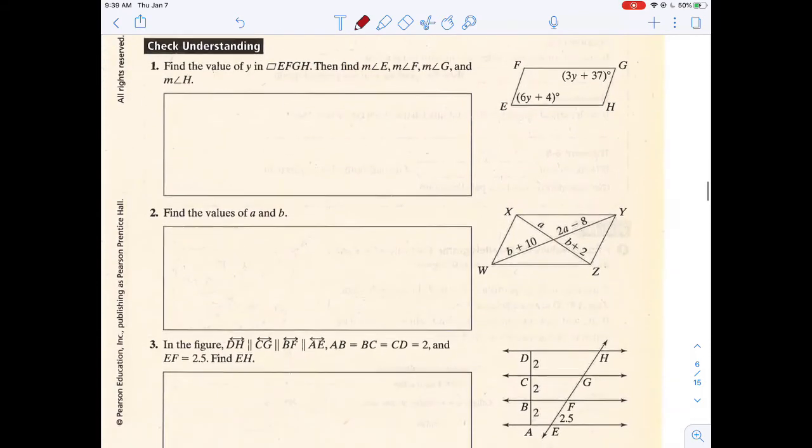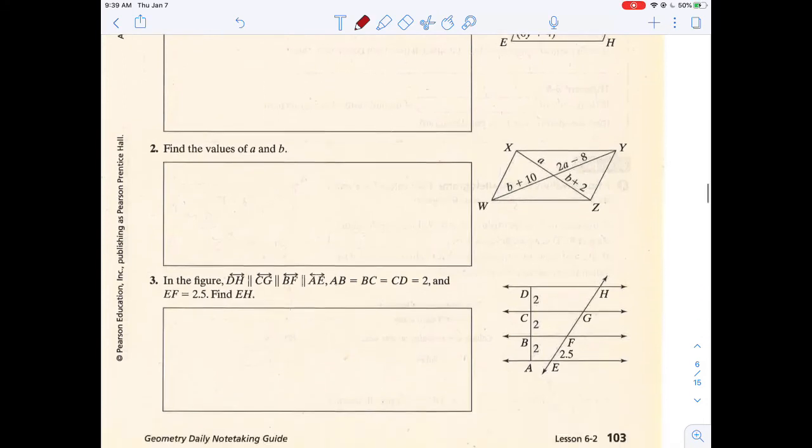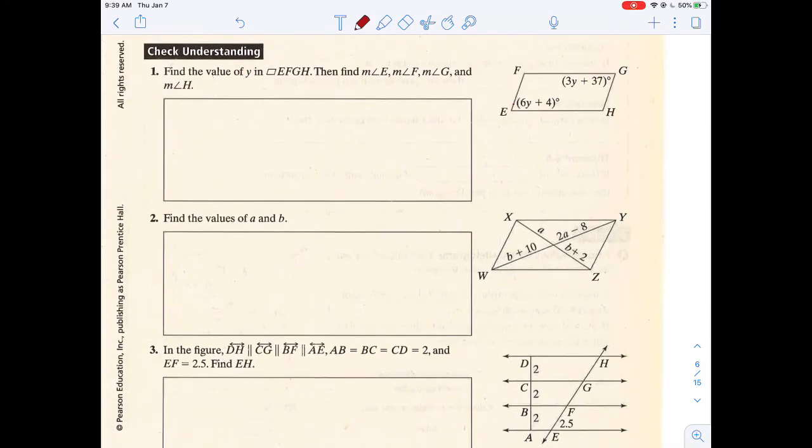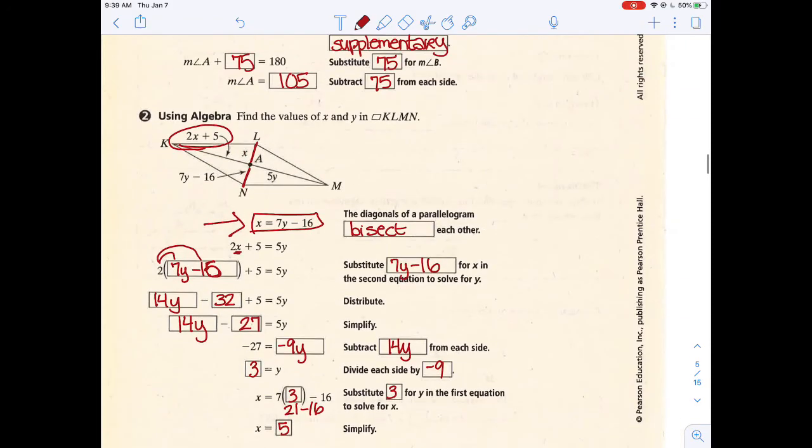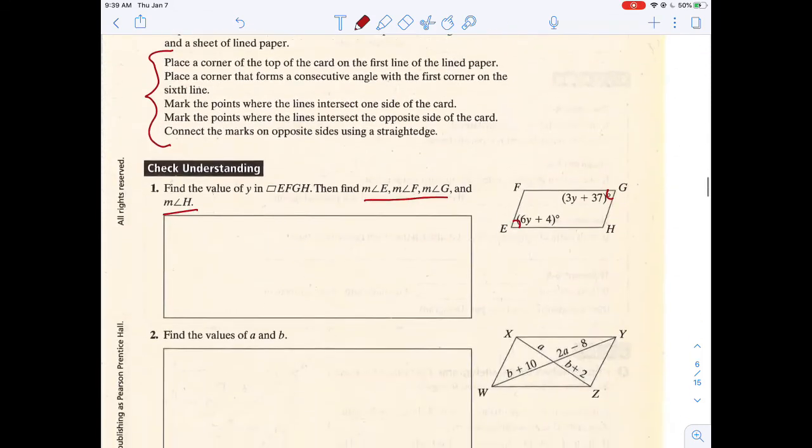So then there's a few check for understanding problems to try. Number 1, find the value of y. So again, remember, opposite angles are congruent, so E and G are congruent, set those equal to each other, find y, then find all these missing angles. Okay. 2, find the value of A and B. That's going to be just like the number 2 up here from our examples.